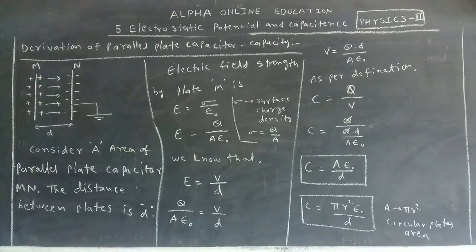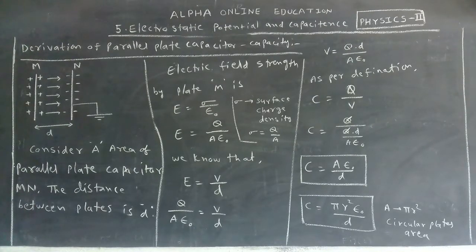What is A? Area of the plate. What is D? Distance between the plates.